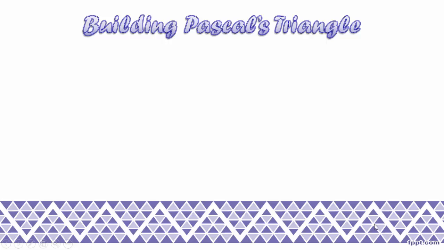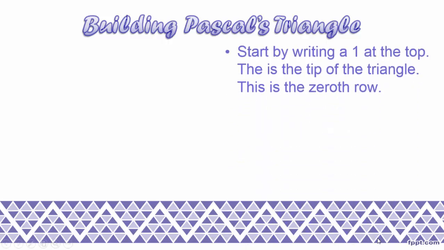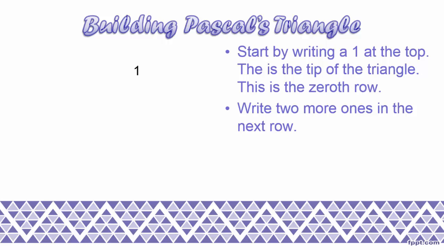Returning to the whiteboard, we just saw that we could build Pascal's triangle by writing a 1 at the top. This would be the tip of the triangle, and this would be row 0. So here's the 1 at the top, and we call that row 0. We write 2 more 1s in the next row. This would be the first row.